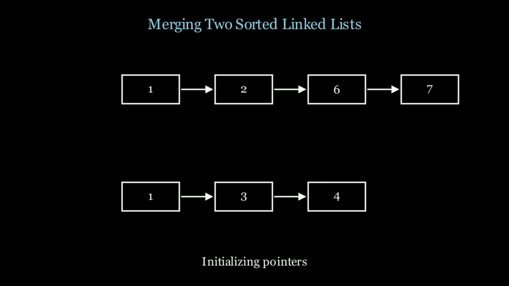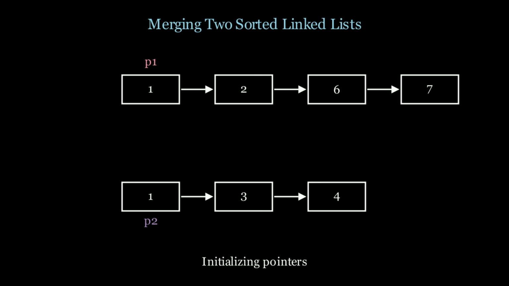All right, so let's look at the algorithm we're going to be using. I have two sorted lists over here, 1, 2, 6, 7, and 1, 3, 4. And the first thing I want to do is initialize two pointers that are going to traverse both lists. And so let's add P1 and P2 over here. And we also need the concept of a previous pointer, because at every iteration, we're going to be changing the node.next value in order to combine both lists.